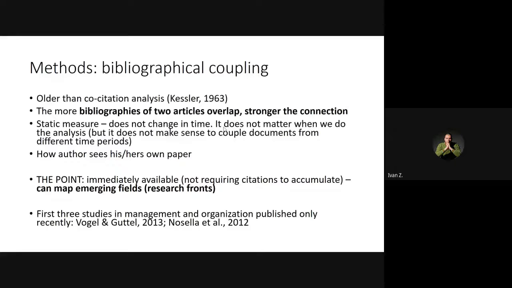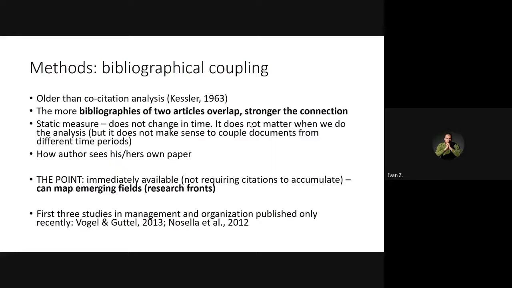Whereas co-citation analysis is about other people citing my paper. And bibliographic coupling is immediately available. With co-citation analysis, you need a certain amount of time for citations to accumulate, right? So you cannot really analyze emerging fields or research fronts with co-citation analysis. But with bibliographic coupling, you basically can, right?